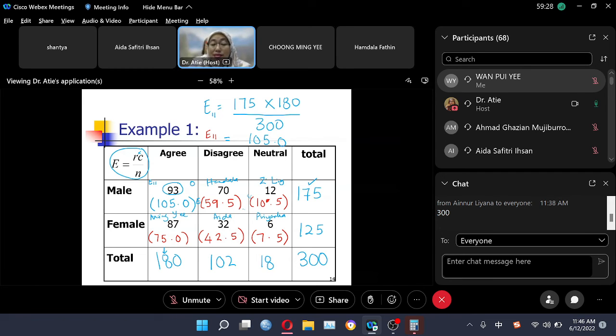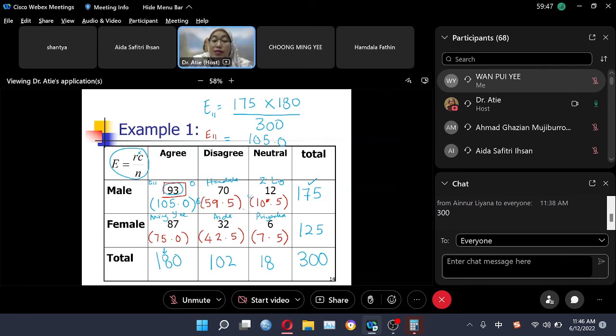So this is all the E values that we need to calculate based on the statistical formula. What does it mean? Let's look at the first cell. From our survey, we get 93. But statistics say we should get 105.